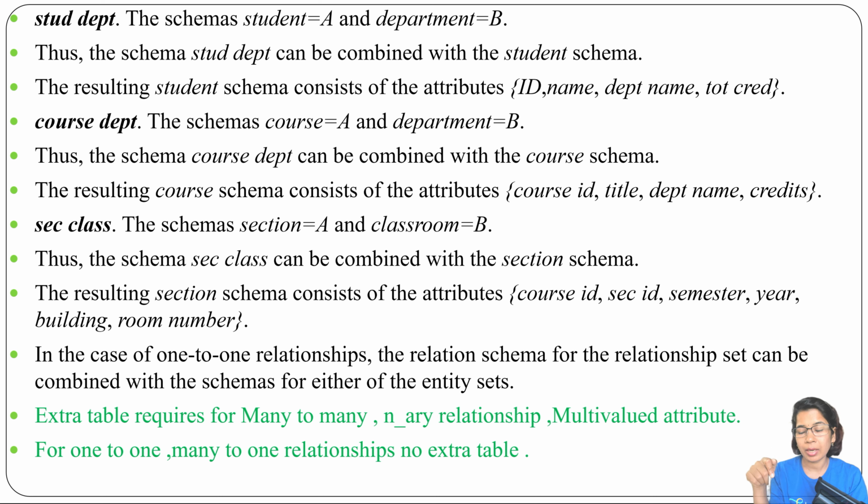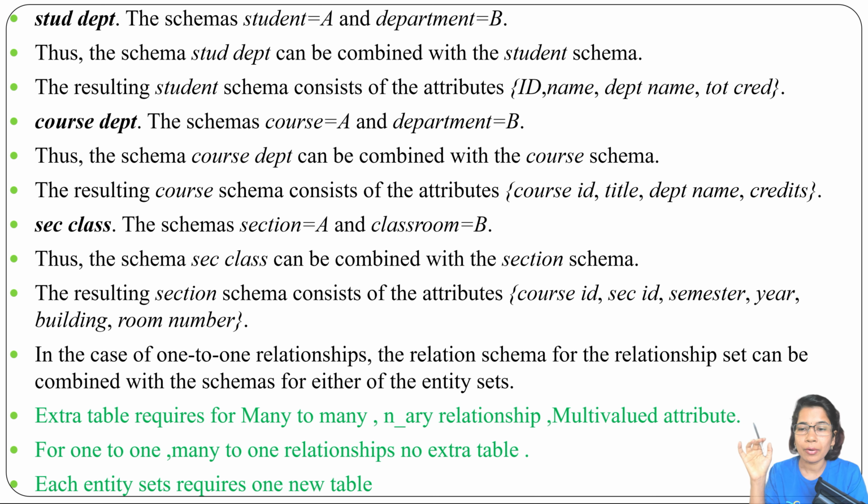For many to one or one to many, we can merge with the many side. So remember, for each entity set we need a new table. For many to many, n-ary relationship and multi-valued attribute, we need an extra table. For one to one, many to one relationship, we don't need an extra table. We can merge, right? In case of one to one, we can merge with any. In case of many to one or one to many, we can merge with the many side entity set.